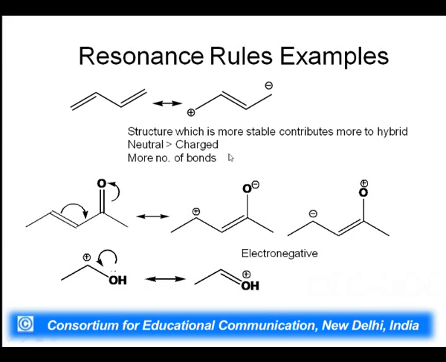But as the first rule said that the structure with more number of bonds is more stable, this form is also very much stable because the octet of all the atoms in this molecule is complete in this structure, which was not the case with the carbon with a positive charge.